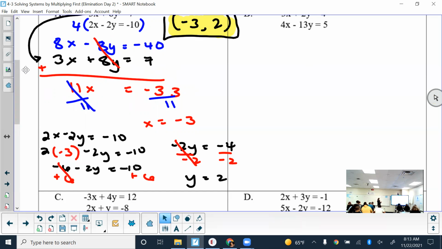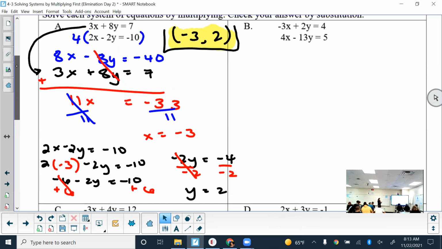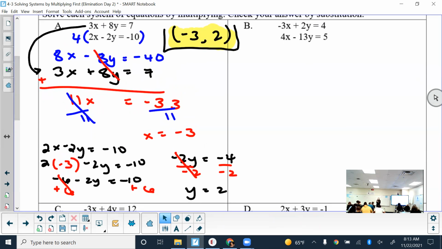We're going to start the next one together, and then you'll finish solving it with elimination. So we'll set it up. Any questions about A? All right, looking at example B, are there any common coefficients?